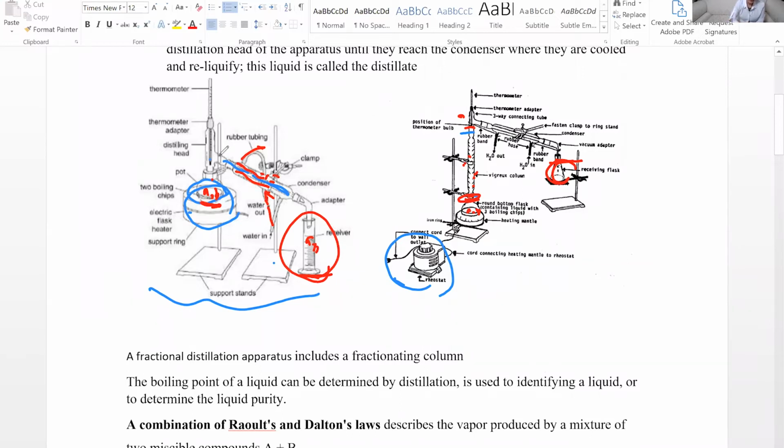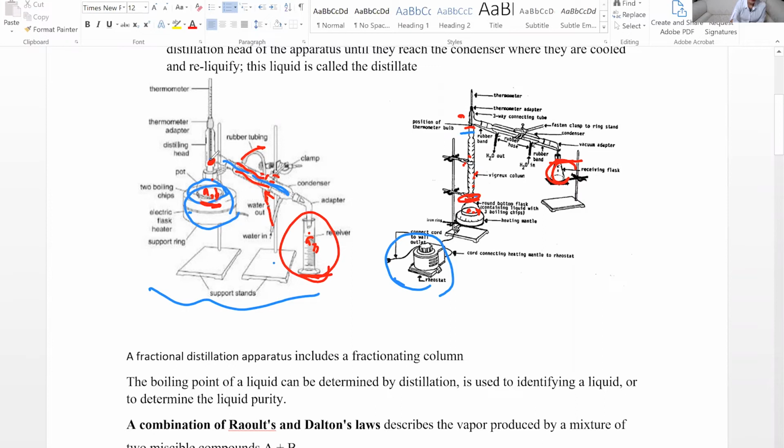We can measure the boiling temperature of the vapor, but the temperature stays constant and you're receiving the liquid at the boiling point. And how do you justify that? Because the boiling point is the equilibrium between vapor and the liquid. So you would see that when the vapor is being condensed, you also have a liquid at the thermometer bulb, covering the thermometer.